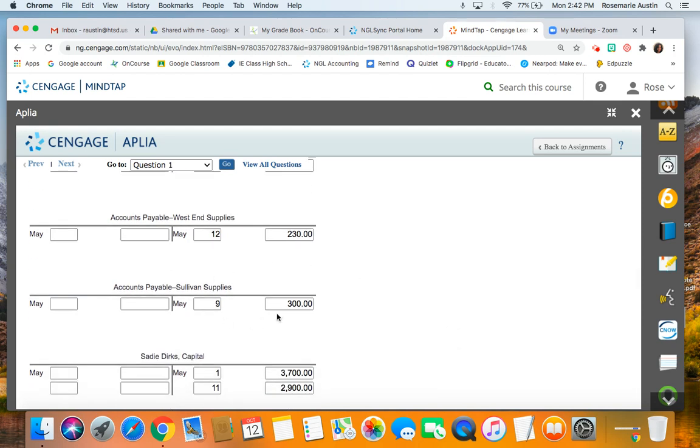There it is, account payable, Sullivan Supplies. So account payables increase on the credit side, therefore they decrease on the debit side. So if we're paying money on this account, it's going to decrease the balance. So that's going to be a debit transaction. So that's going to be a $60 debit, and that is on May 16th.